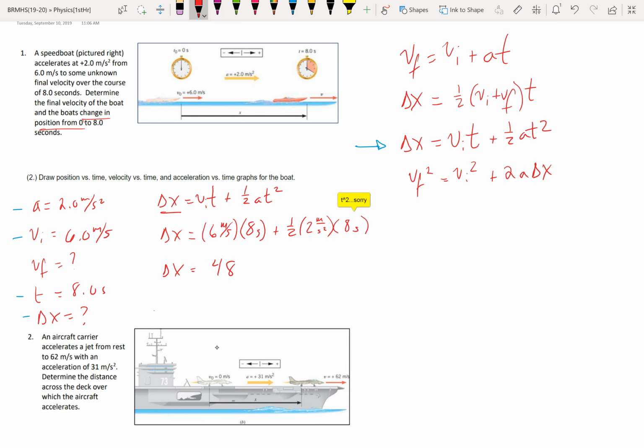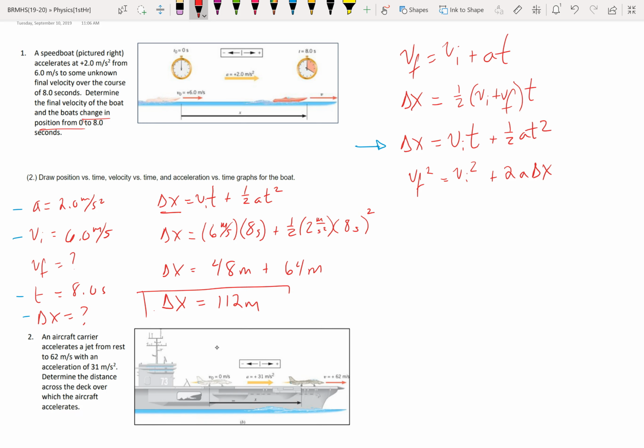So I have 6 times 8 is 48, that's meters per second times seconds, which is meters, plus half of 2 is 1, 8 squared is 64. The second squared cancels with second squared, so I'm again left with meters, which is good. And 48 plus 64 is 112.